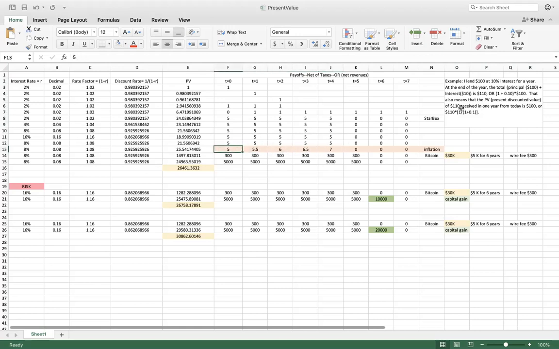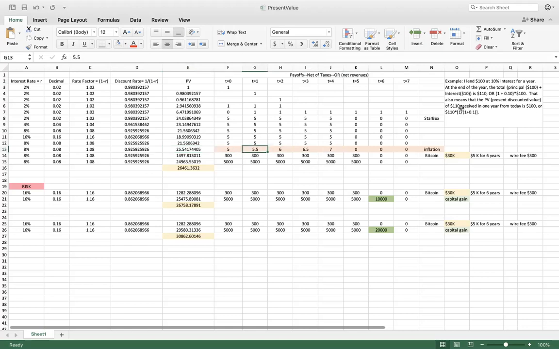So now, when I take the present discounted value, again holding the interest rate at 8%, you can see that the value of the Starbucks card is more because it's a promise to provide a real good, and I first have to translate that into the nominal price in the period that it's received, based on my inflation expectations, in order to calculate the present value today of what that promise is worth.